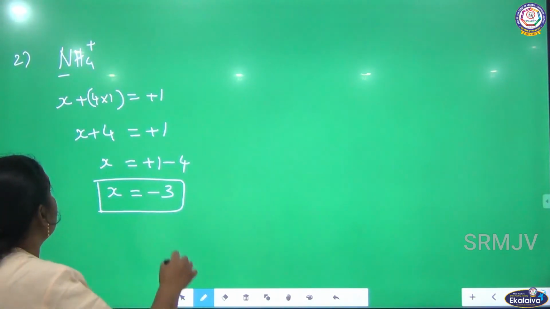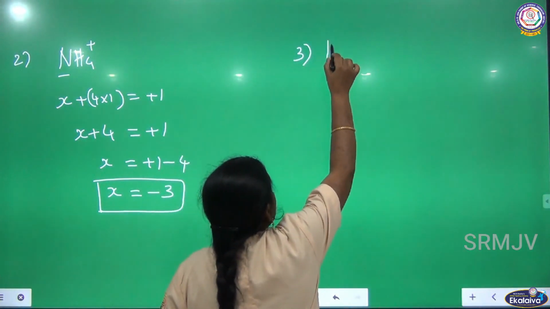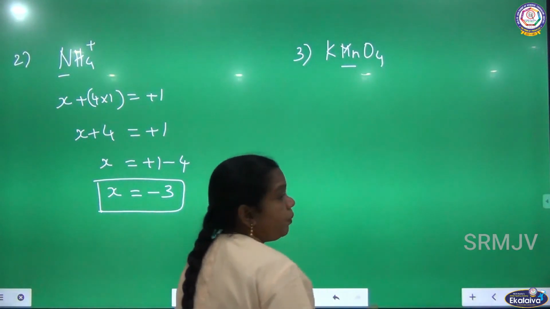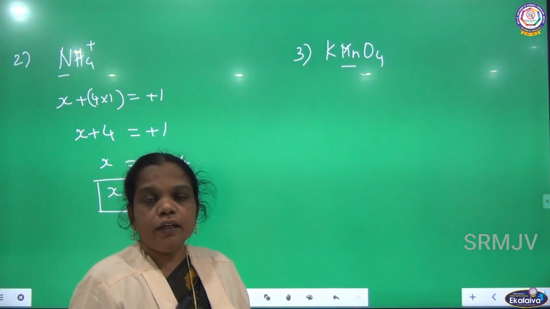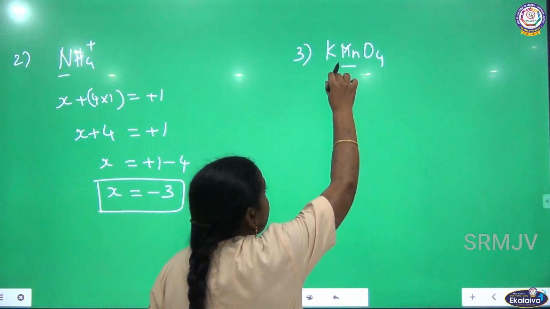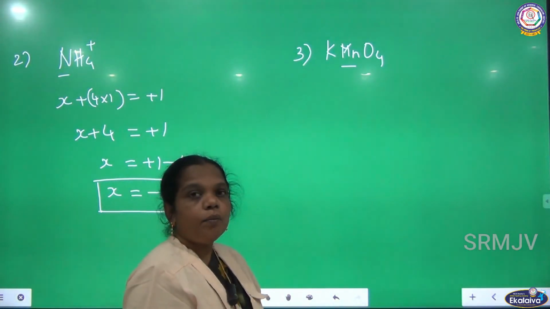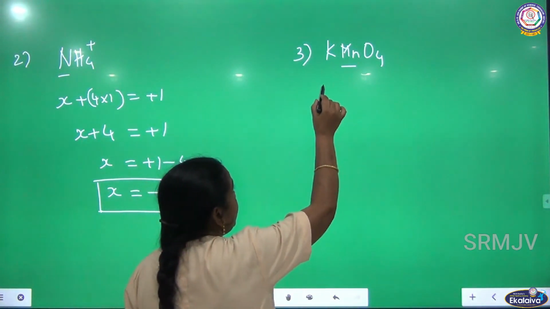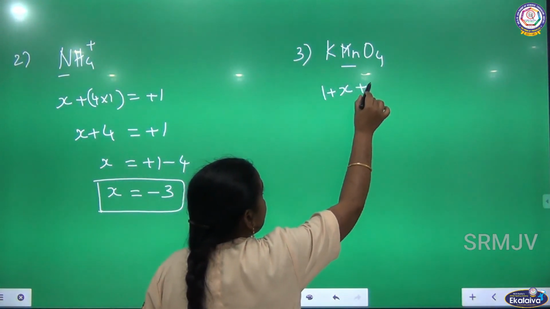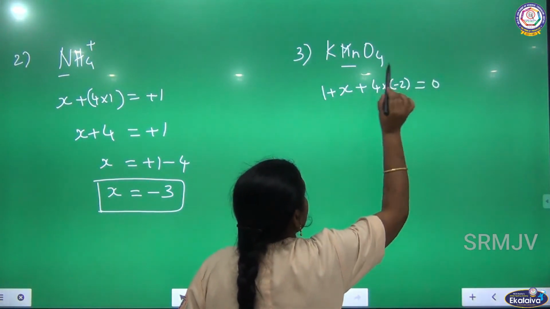And then one more, you can see that one more, KMnO4. For KMnO4 you want to find the oxidation state for manganese. You know that the oxidation state for potassium is always +1. So how many atoms? 1 atom. Plus manganese only 1, X, plus 4 into -2 equal to 0.